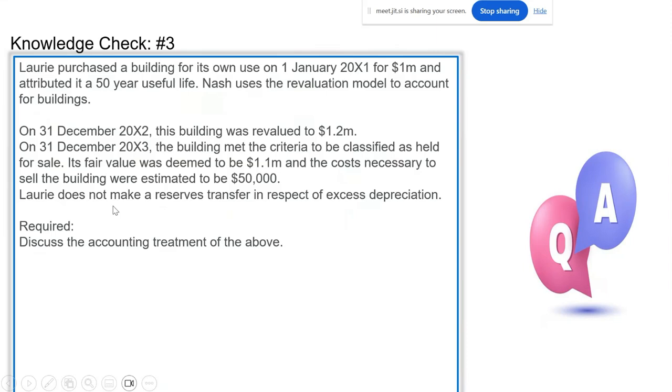On 31st December 2023, the building met the criterion to be classified as held for sale. Its fair value was deemed to be $1.1 million, and the costs necessary to sell the building were estimated to be $50,000. Larry does not make a reserves transfer in respect of excess depreciation. Required: discuss the accounting treatment of the above.